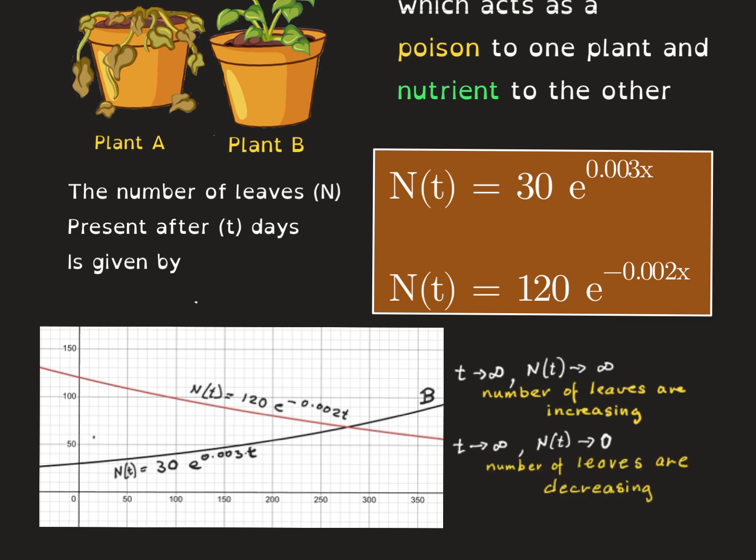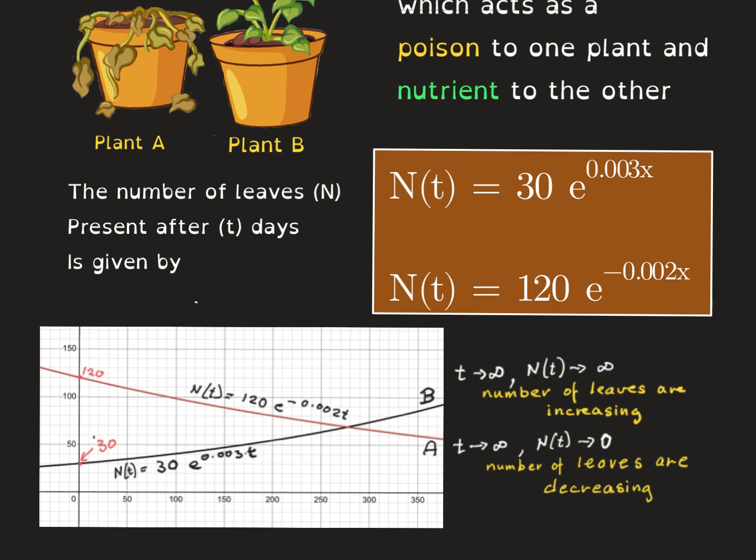And that is represented by our plant A. From this graph, it is also evident that there are 30 leaves on plant B and 120 leaves on plant A initially.